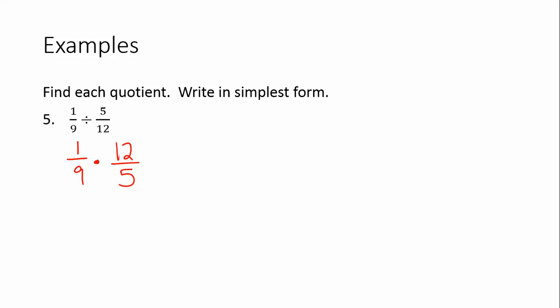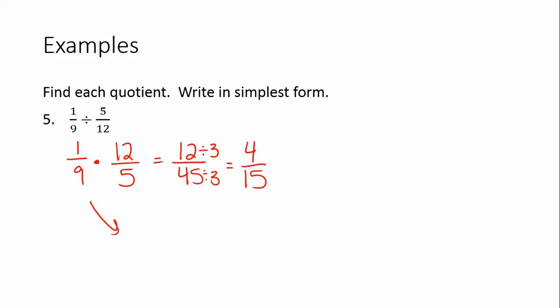And now it's just the rules from multiplication from our previous lesson, multiply across the top and multiply across the bottom. 1 times 12 is 12. 9 times 5 is 45. These numbers are both divisible by 3, so that's 4 over 15.